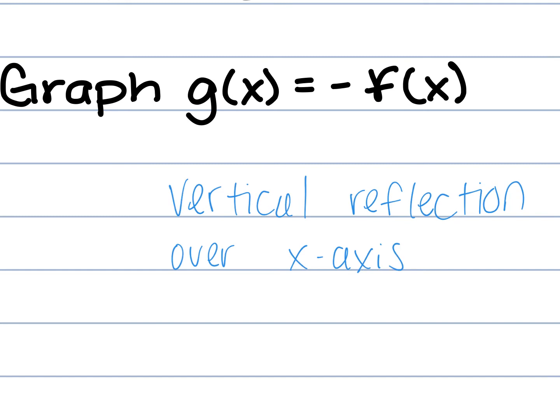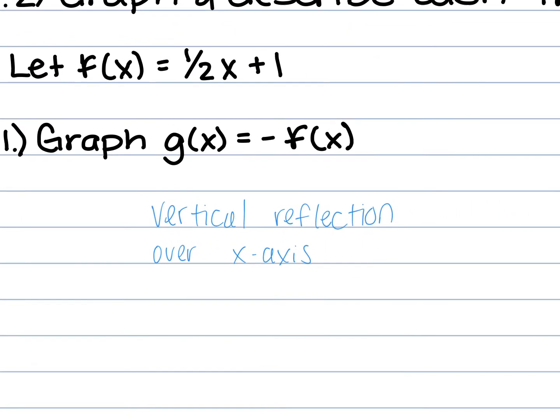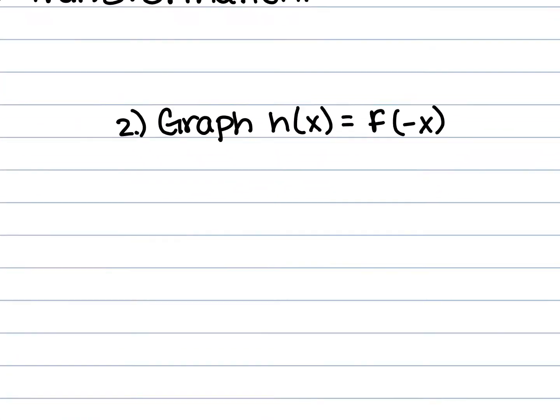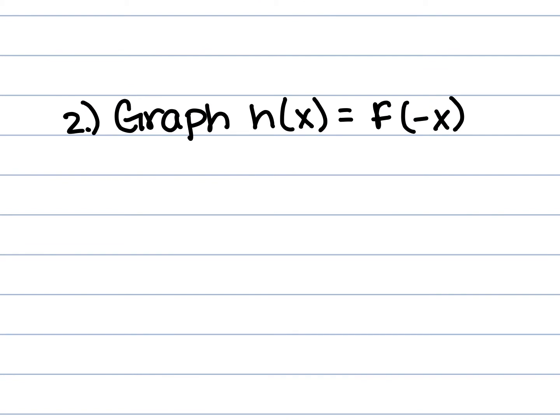Think about the x-axis as being your mirror, right? Do you agree that if there was a mirror on the x-axis, you would flip from top to bottom? Now, if your mirror was on the y-axis, you'd be flipping from left to right. That's a horizontal reflection, okay? So, take a look at number 2. H of x equals f of negative x.